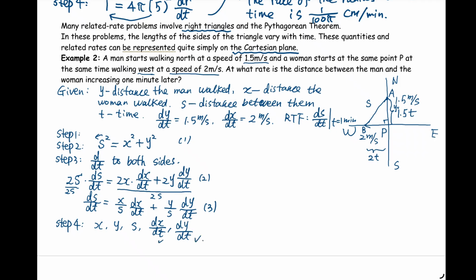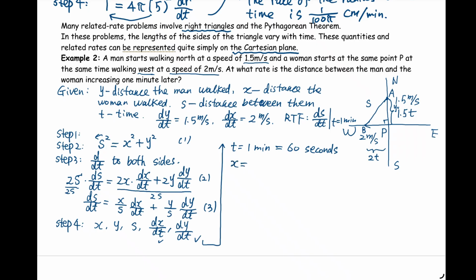So we need to find x, y, s when t equals 1 minute. So you only sub in the t at the very last step. We need to keep the same units, so 1 minute equals 60 seconds.